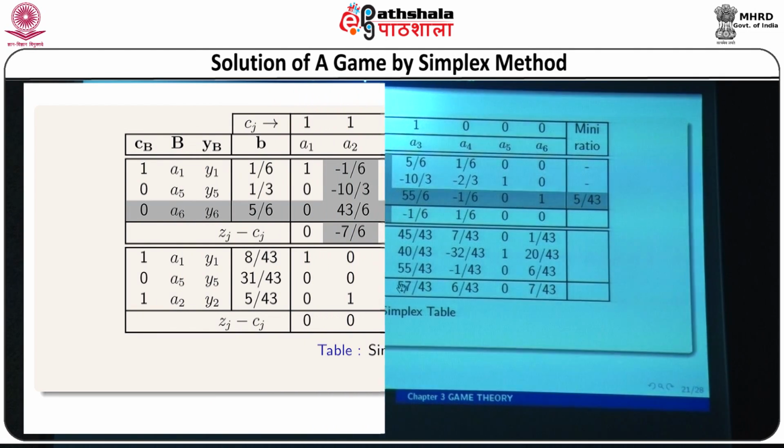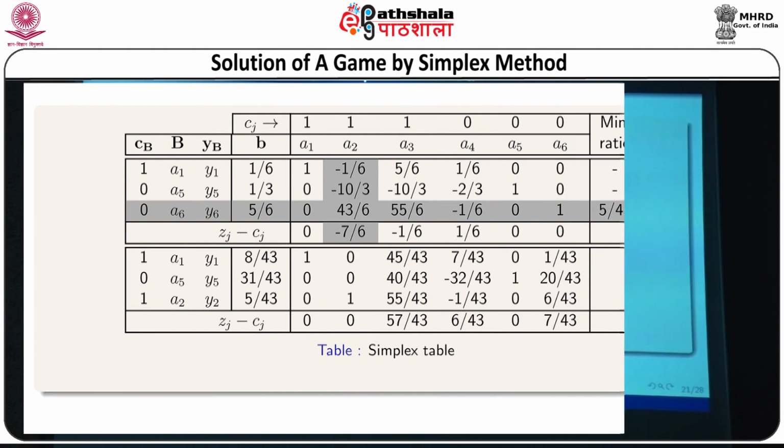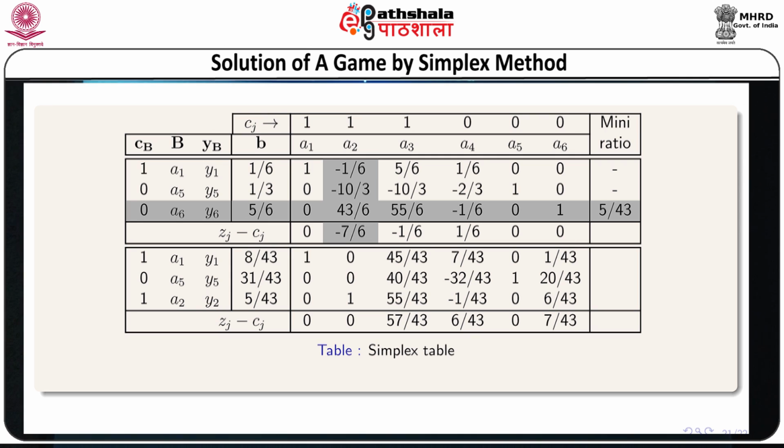The next iteration shows that the optimality condition is still not satisfied, since zj minus cj are not all greater than or equal to 0 for all j, and the most negative value of zj minus cj is minus 7 by 6.